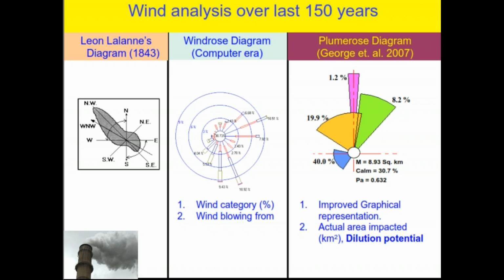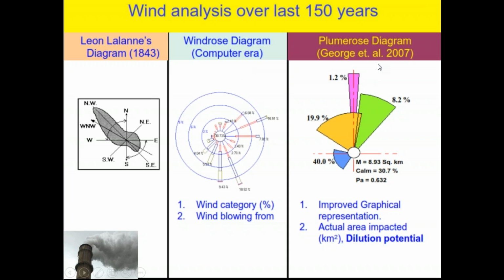So the plume rose diagram is an improved graphical representation, and it is based on the actual area, after 10 kilometers. Of course we are also considering a 10 kilometer radius, but the wind rose has one limitation: it is not correlated with the area.